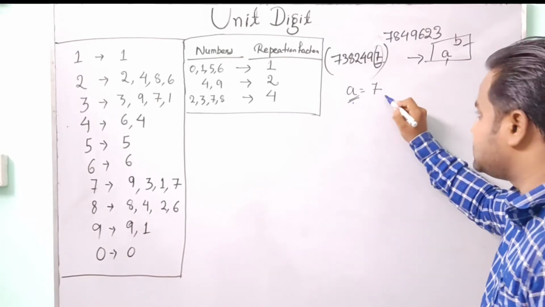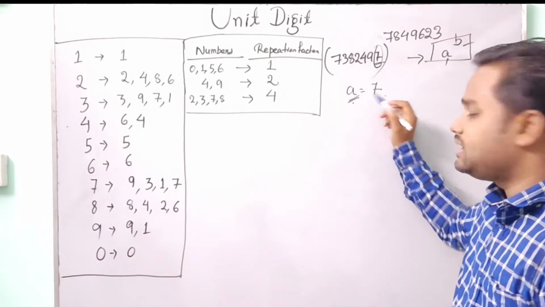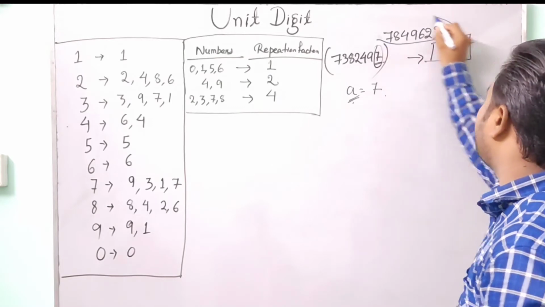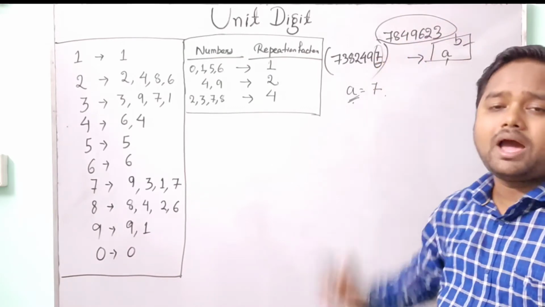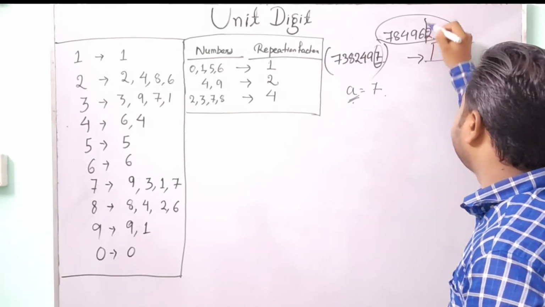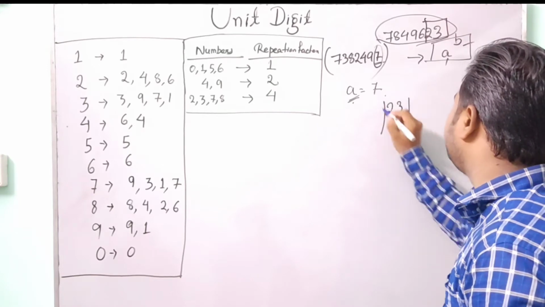Here a is 7, and the repetition factor of 7 is 4. Since the repetition factor is 4, from the power number we take only the last 2 digits, which here are 23. From 23, we have to divide by 4.